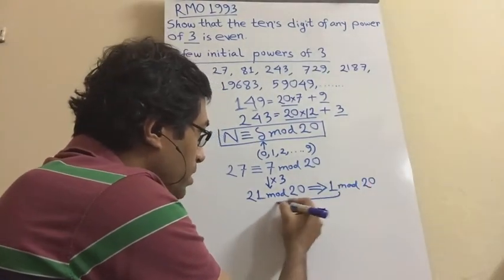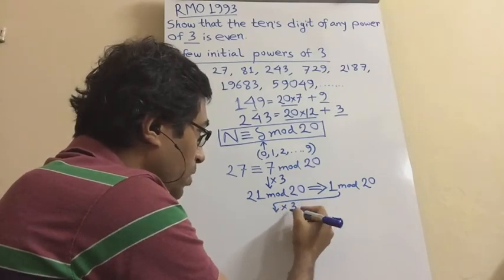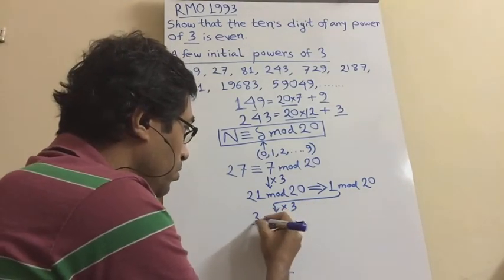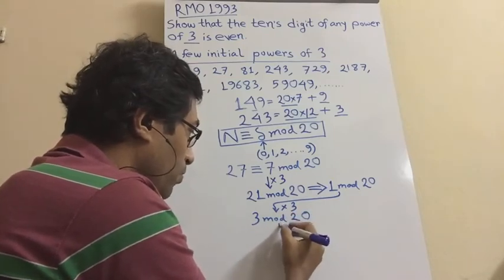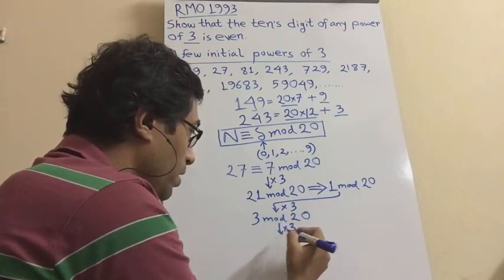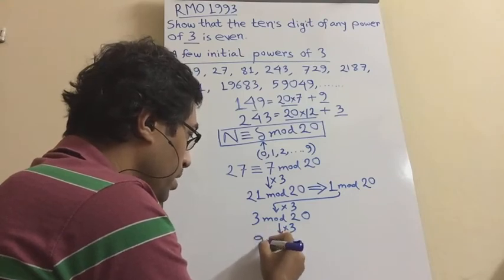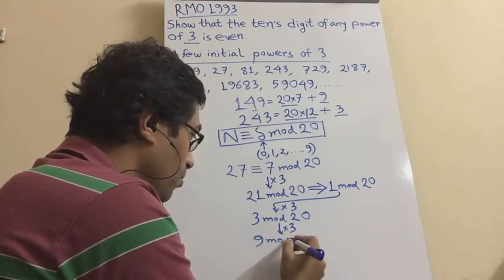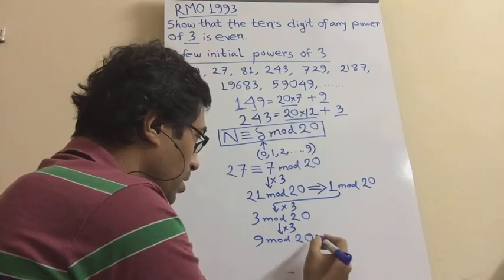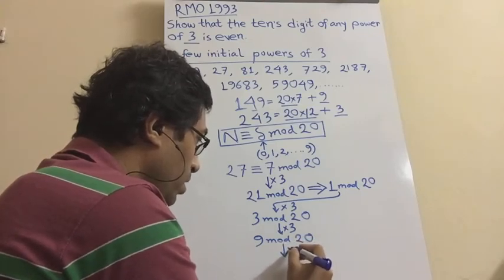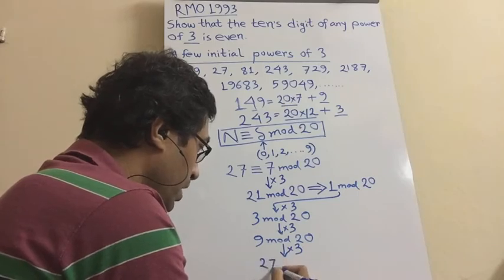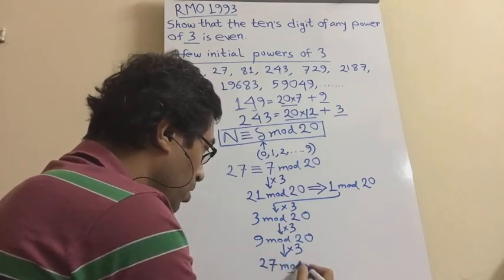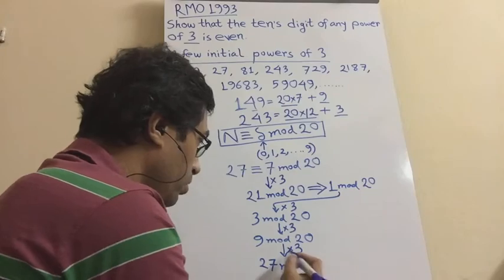Again, if you multiply this number by 3, you get a result which will be 3 mod 20. You further multiply it by 3, you get a result which is 9 mod 20. And if you further multiply it by 3 again, you get a result which is 27 mod 20, because 3 into 9 is 27.